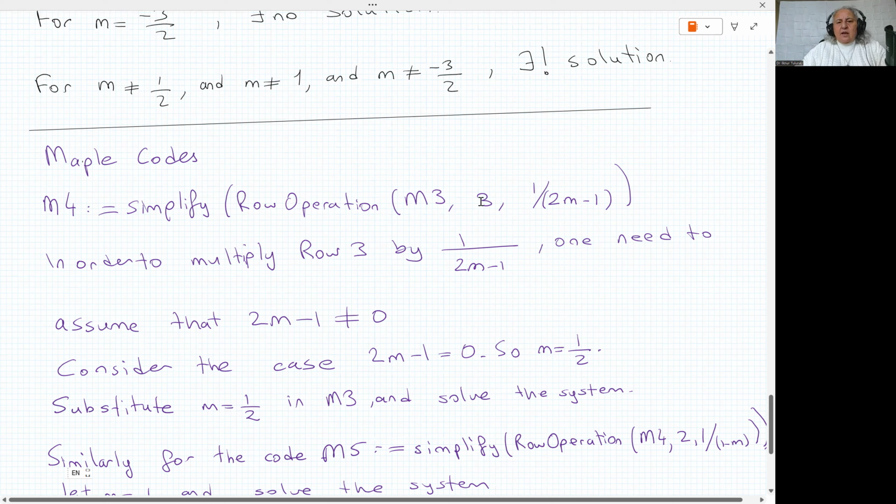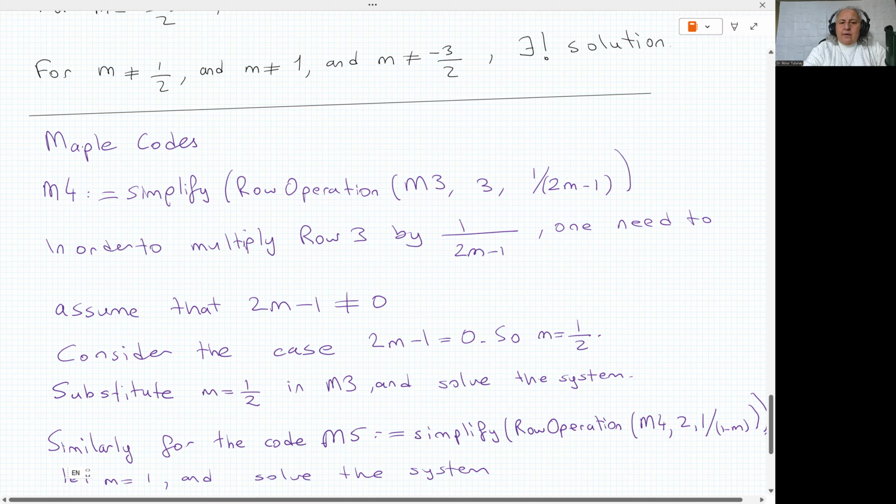It means that row 3 needs to be multiplied by that. In order to do that, you need to assume this is not equal to 0, right? Then in a corner case, you need to check what will happen if it is equal to 0. And then you put m equal to 1 over 2 into this equation that is given in the paper for you, and then you will solve the system. So instead of doing the very long calculation as I've done, your calculations will be very simple in that way.